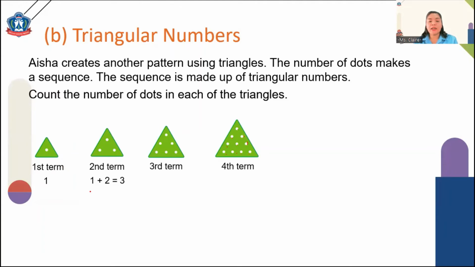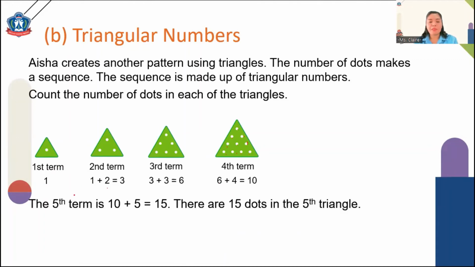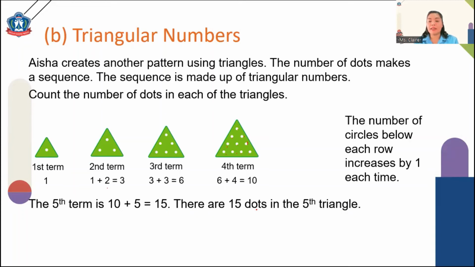On the second term, we add 2, so it becomes 3. On the third term, we add 3 plus 3. Look at the pattern. On the fourth term, we have 6 plus 4. So what have you observed? The fifth term is 10 plus 5 equals 15. So there are 15 dots in the fifth triangle.